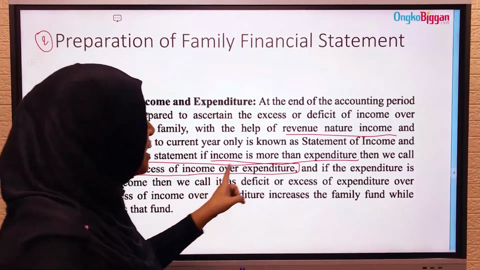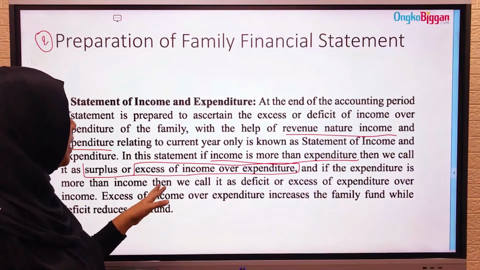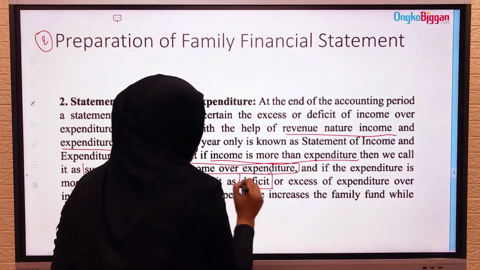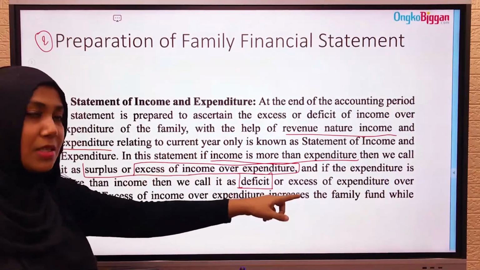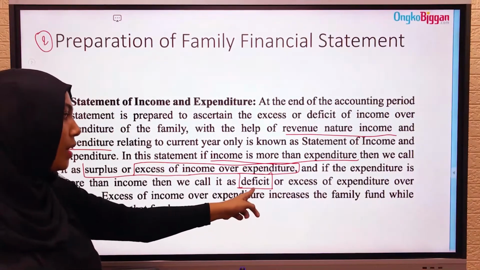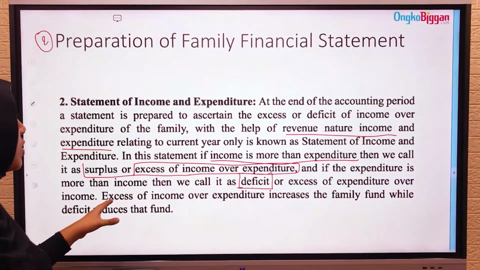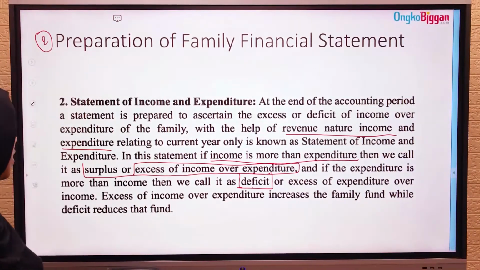All right, and next, if the expenditure is more than income, then we call it deficit. If income is more, then we call it surplus. But if our expenditure is more than the income, then we will call it deficit. Excess of income over expenditure increases the family fund, while deficit reduces that fund.